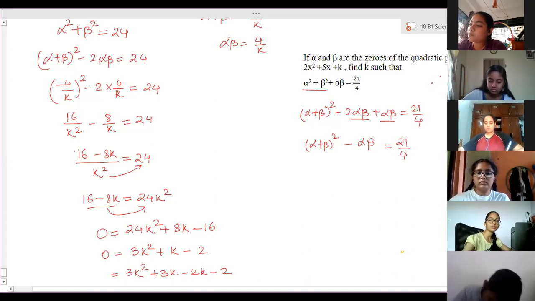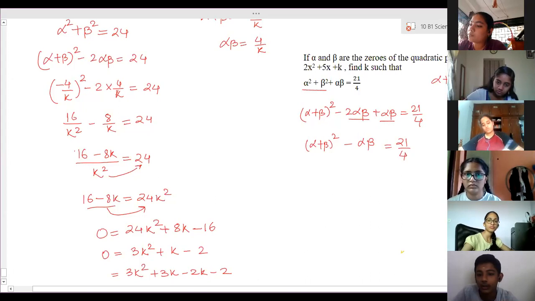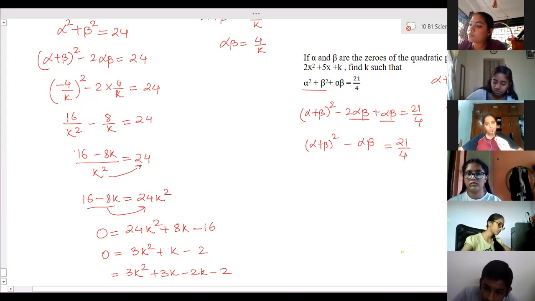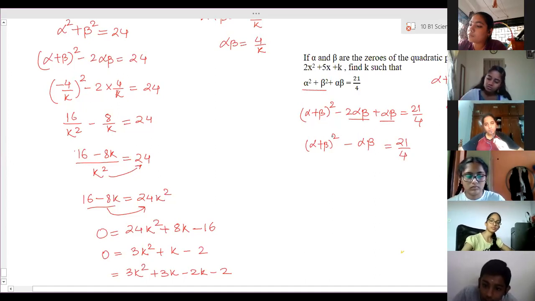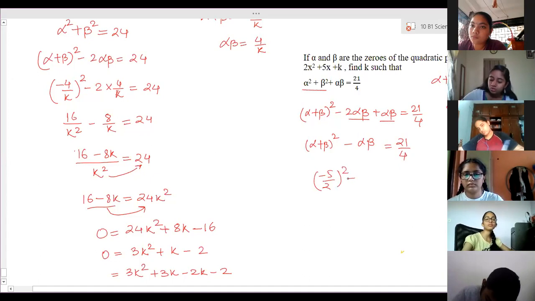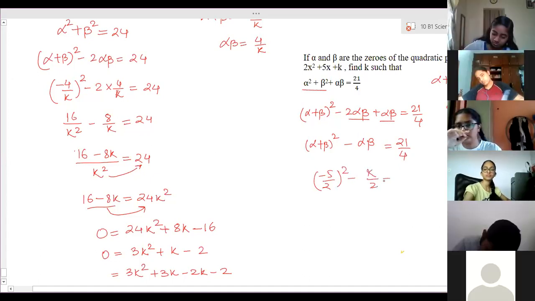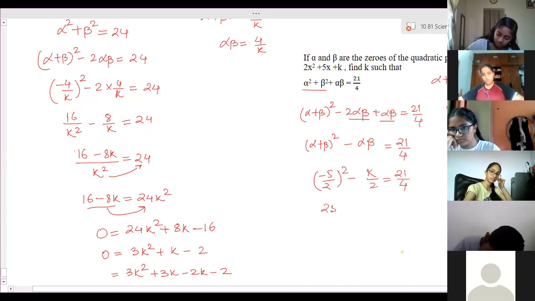Substitute the value. What is the value of alpha plus beta? Minus 5 by 2, and alpha beta is equal to k by 2. Substitute this value: minus 5 by 2 whole square minus k by 2 is equal to 21 by 4. 25 by 4 minus k by 2 is equal to 21 by 4.